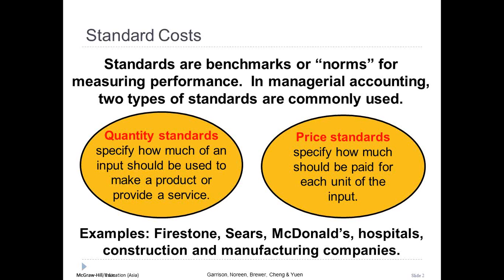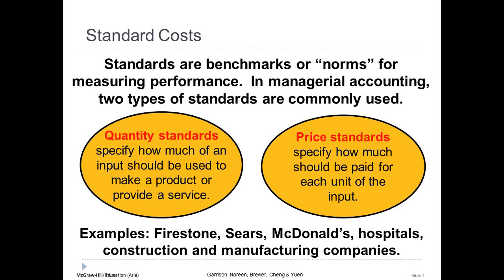Quantity standards specify how much of an input should be used to make a product or provide a service. For example, auto service centers like Firestone and Sears set labor time standards for completion of work tasks. Fast food outlets such as McDonald's have exacting standards for the quantity of meat going into a sandwich.